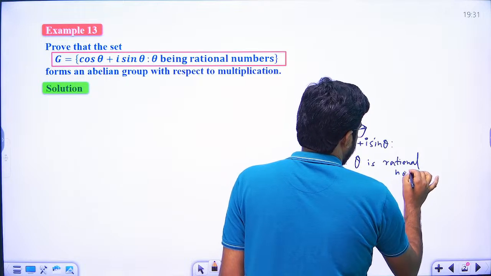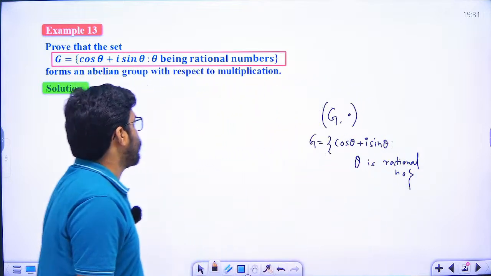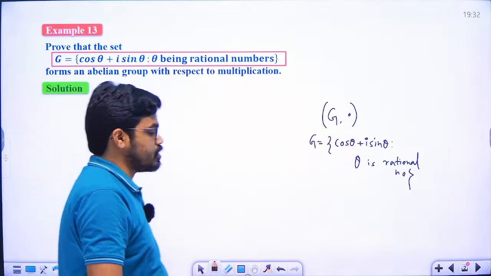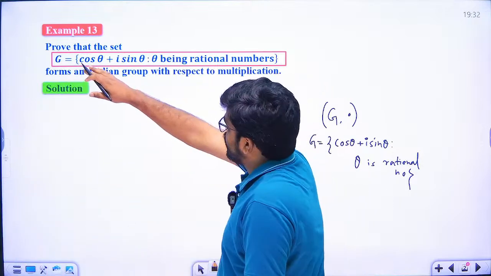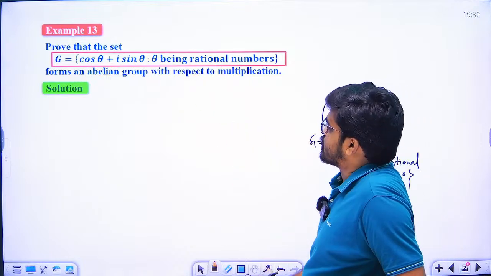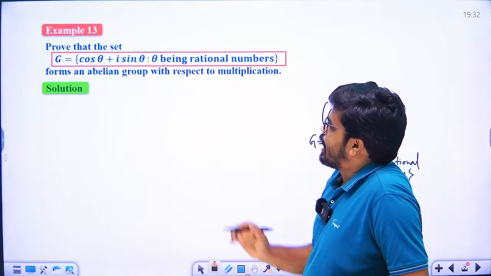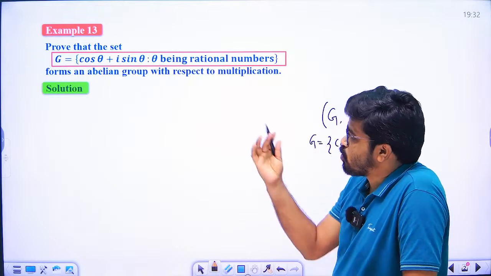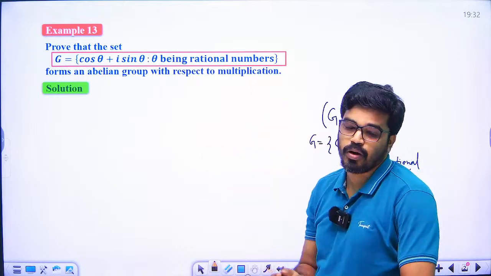So note this problem first. Prove that this set G, defined by cos theta plus i sin theta, theta being a rational number, forms an abelian group, also called a commutative group, with respect to multiplication.